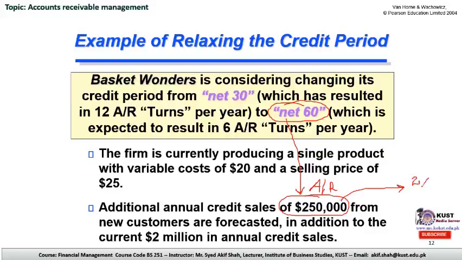So it could be like 2% of the account receivable, or some credit customers are not going to pay their obligation on the due date to the company.